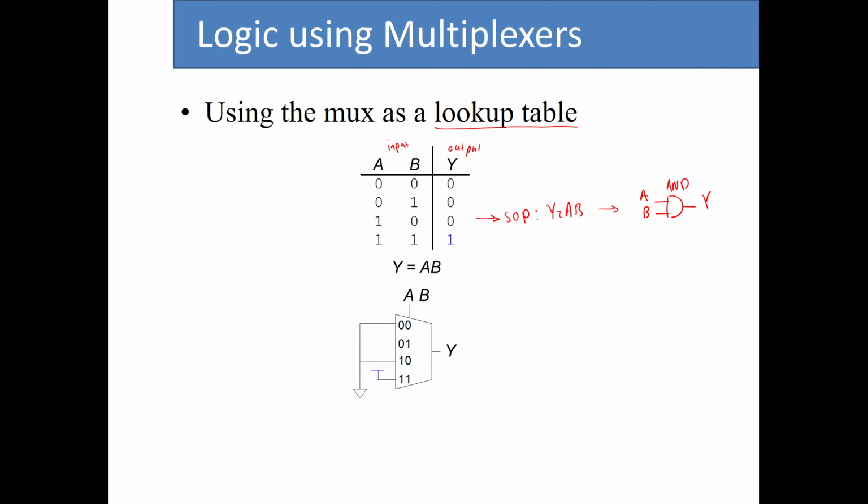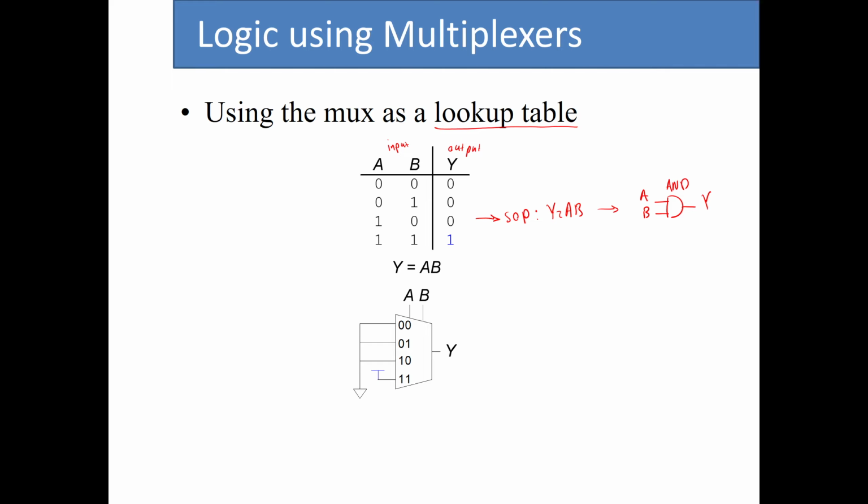Because that is always a possibility, right? Or what if we want to change the function on the fly? If we want to go through several different functions, we cannot have all those functions implemented, right? One of the ways is to use the multiplexer.